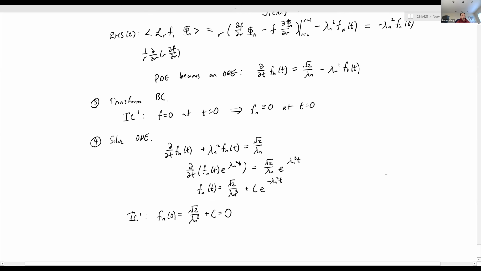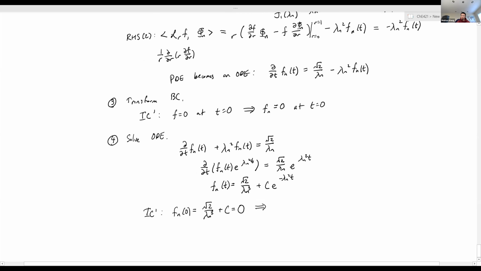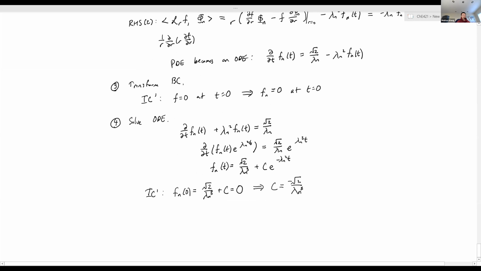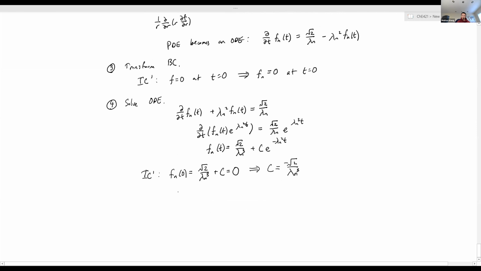And so you just have a c right here. And so that implies that c is equal to negative lambda squared, or negative square root of 2 lambda n to the third power. And so we get our overall solution for the ODE looks like this.